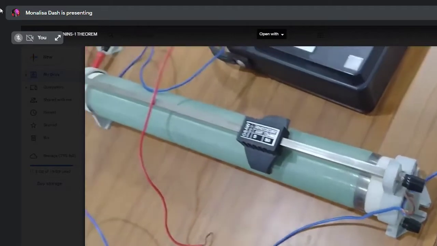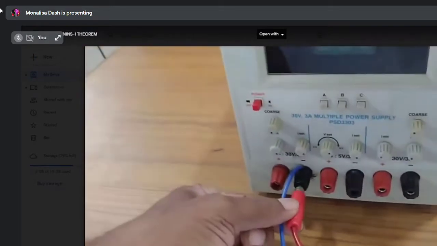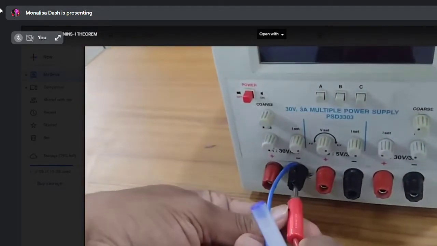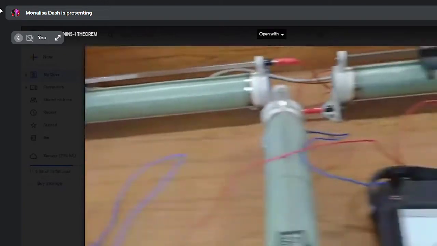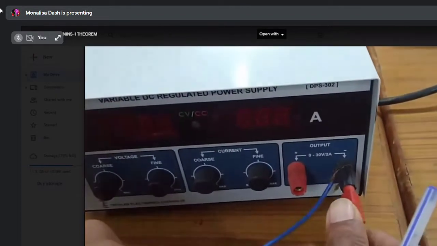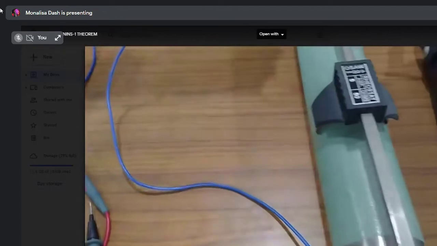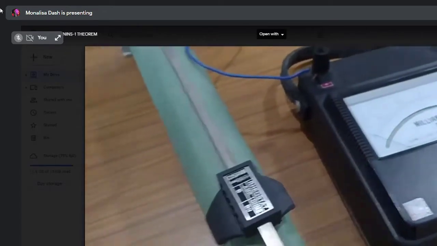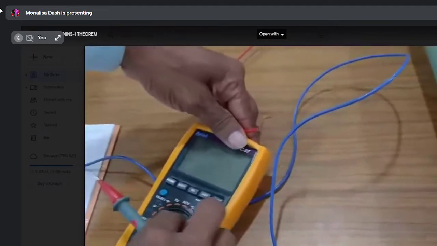Here we have already disconnected the voltage source. Here you see, short the voltage source V1. Similarly, V2, and this is the open terminal. Across this we have to measure the resistance with the help of a multimeter.